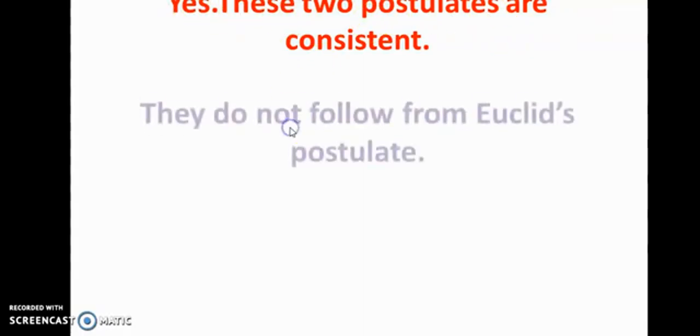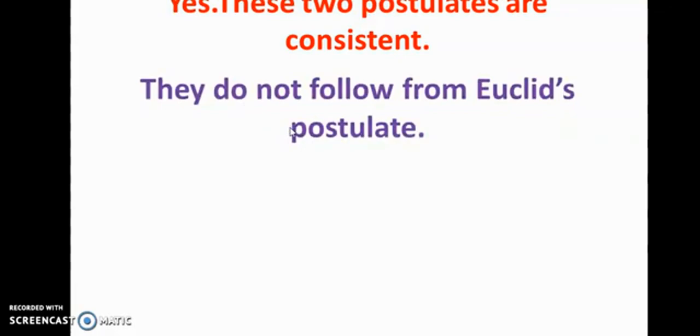And for the second question, are these postulates consistent? Yes, these two postulates are consistent. And in the last question, they asked whether these postulates follow from Euclid's postulates.